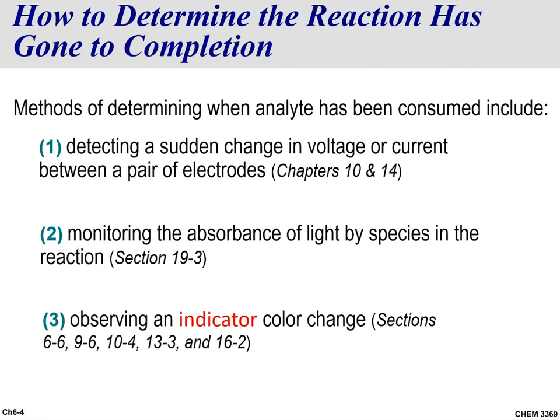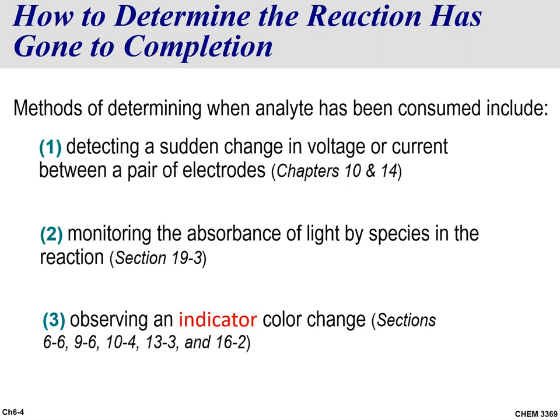Now, we also quite often use instruments to detect endpoints, and the instruments respond to properties of the solution that change in a characteristic way during the titrations. These instruments might include colorimeters, turbidimeters, spectrophotometers, which are quite commonly used.